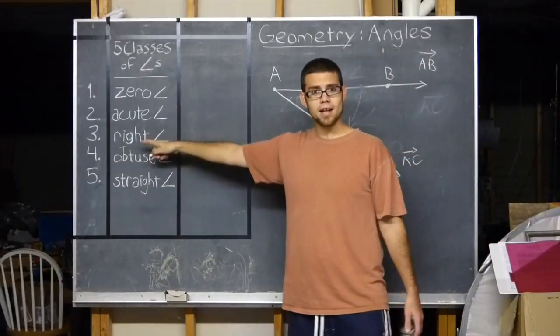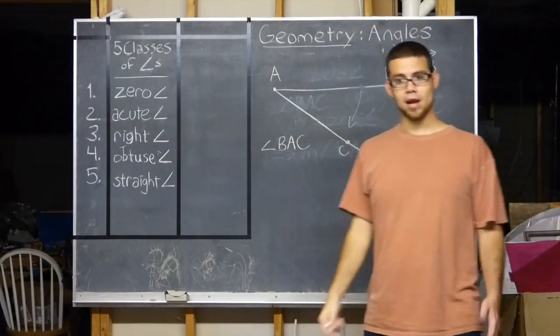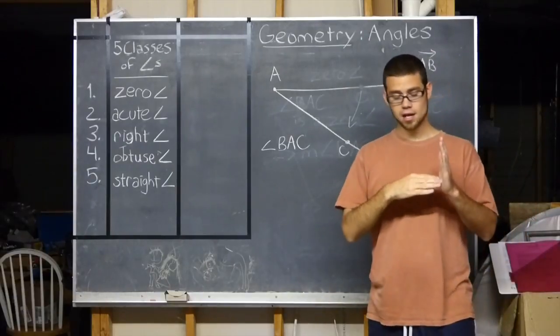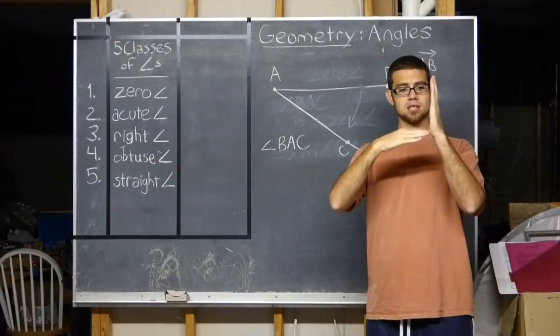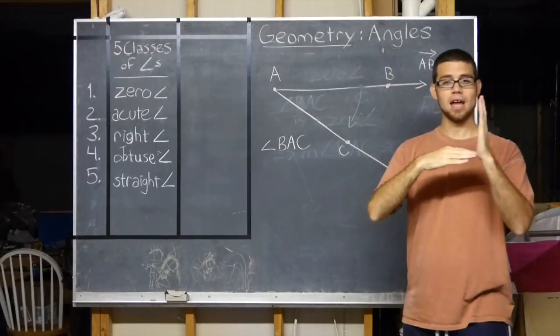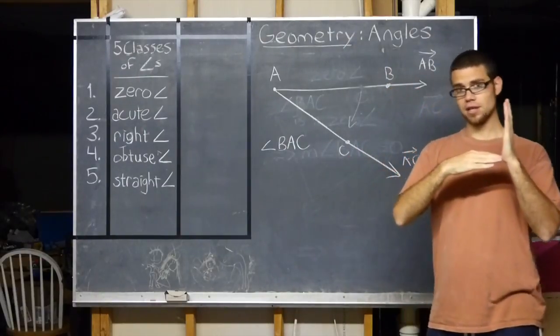But it's not a right angle. You're probably familiar with a right angle. Most people are at this point. But a right angle, in case not, is what makes a corner. If we make a square corner, that is a right angle. It's 90 degrees.